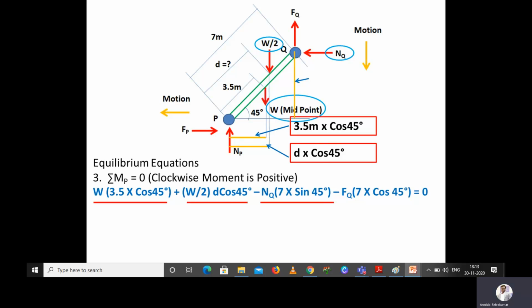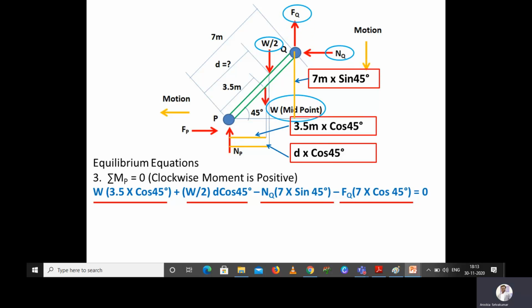So we want the vertical component of the ladder. The ladder is 7 meter and has an angle of 45 degree, so the perpendicular distance for the force Nq from point P will be 7 meter into sine 45 degree.